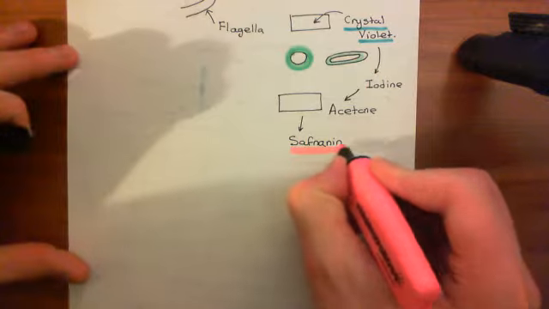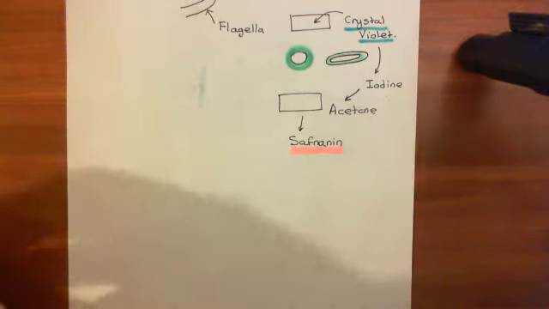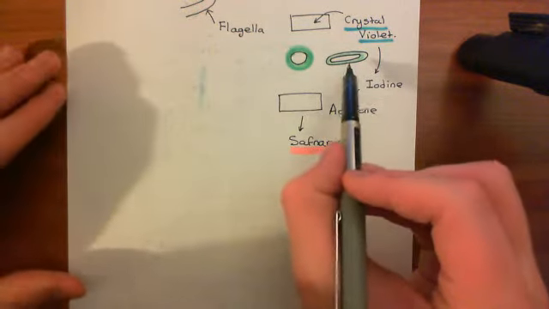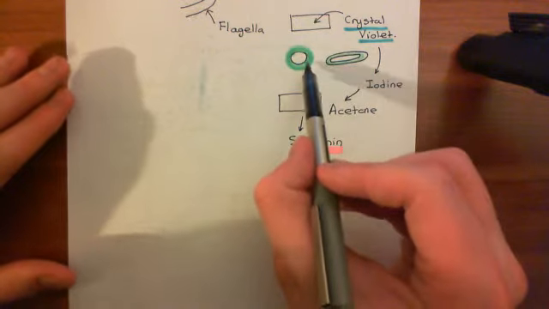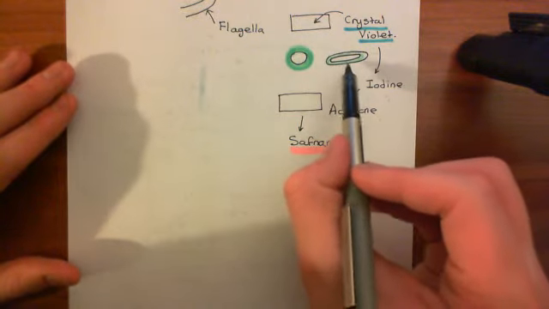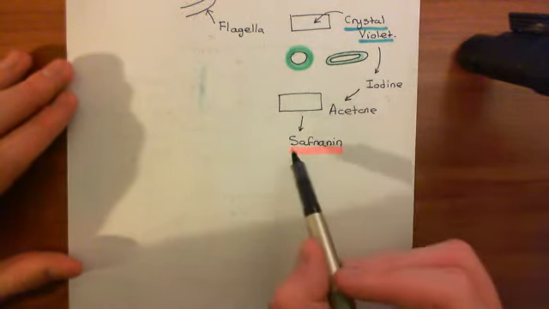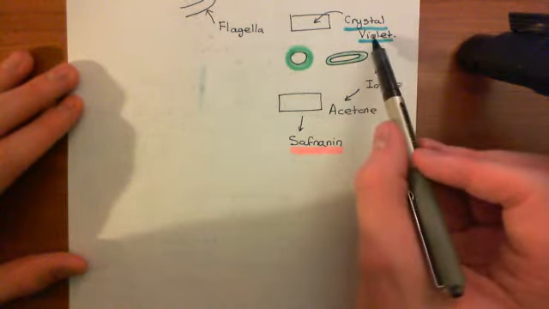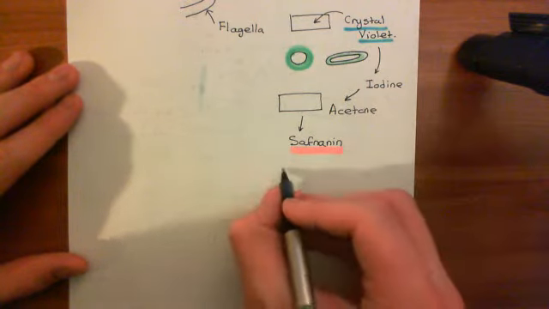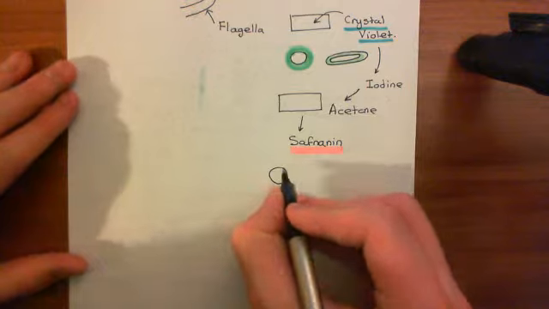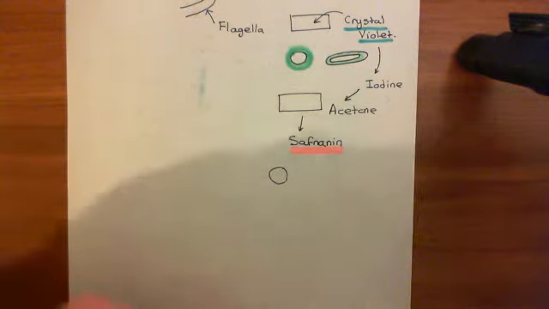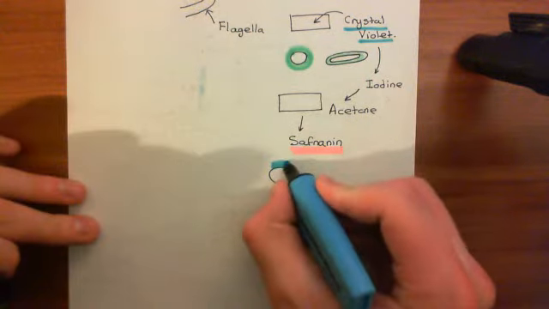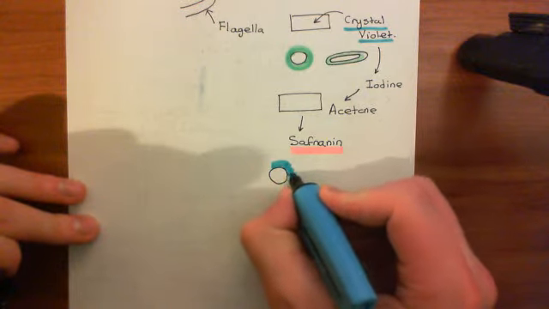Right, so basically this restains all of the bacteria again. So it stains the gram-positive bacteria and the gram-negative bacteria, but it's a weaker colour than the crystal violet. So for the gram-positive bacteria, which are covered in this crystal violet stain, you just cannot see the safranin.